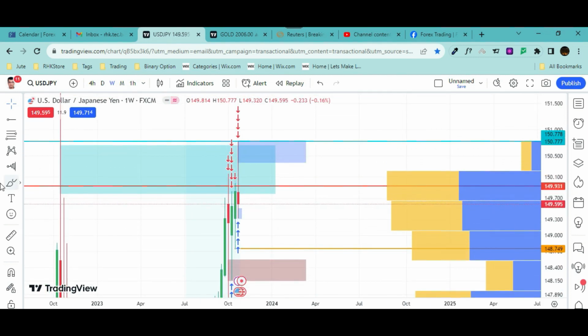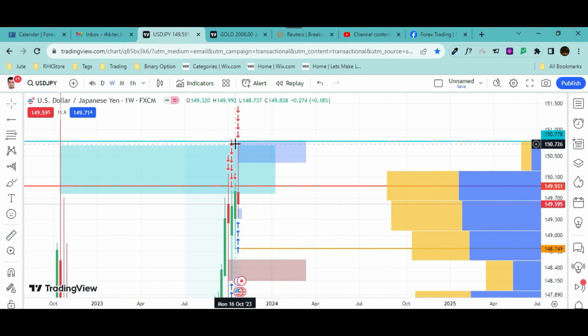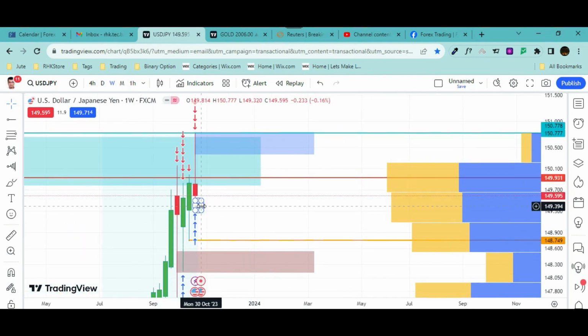How much is this? This much is a very big rejection. Can you see? Currently the price is here. It has been rejected by 120 pips from the top price it was at last week. If it could have come down a little more, it could have been a reverse hammer here.